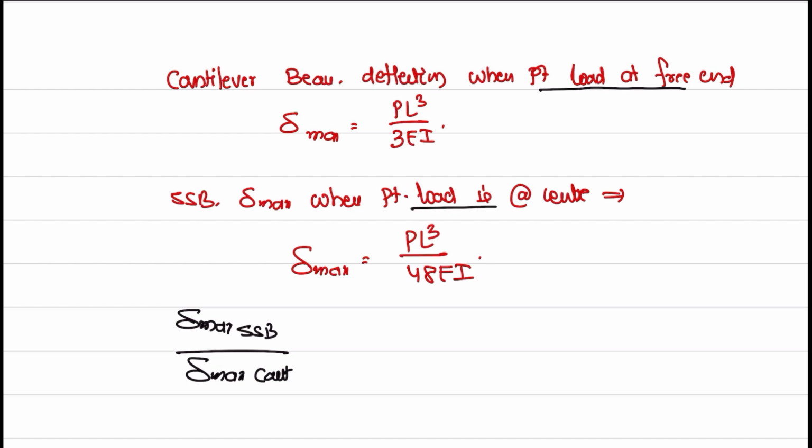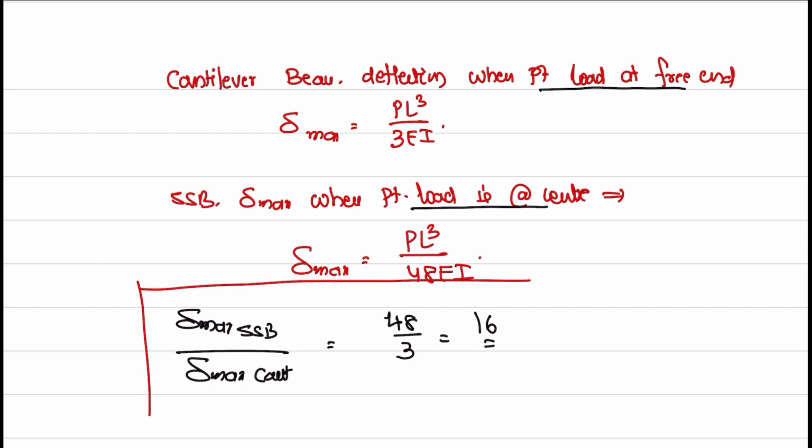Here point load is at center. Delta max ratio will be 48 by 3, that is equal to 16. This can be an objective type question for you in the examination.